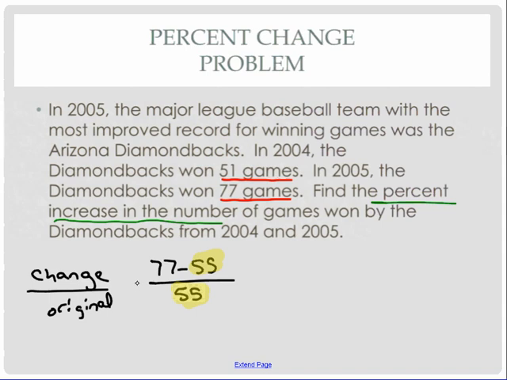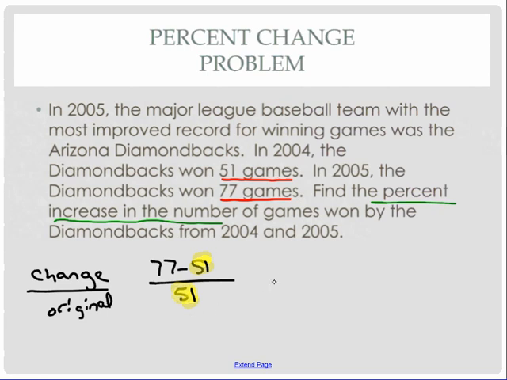So we're going to take wait, why do I have 55 here? I know you guys were all wondering that. I'm glad that we caught that. Let's get that cleared up right here. There. 50, how about 51? 51. Okay. There we go. 77 minus 51 divided by 51.